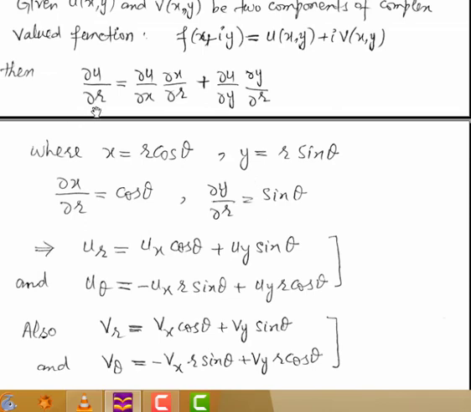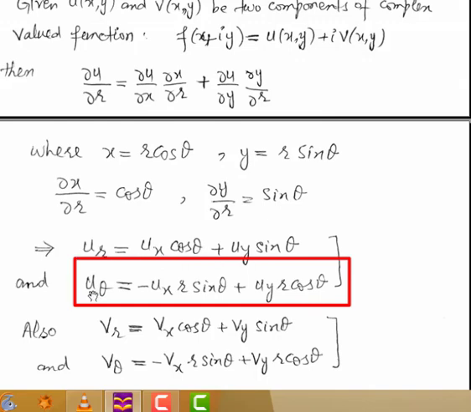Therefore, we can write partial u partial r as ur and partial u partial x as ux. Partial x by partial r is cos theta, plus partial u partial y as uy, partial y by partial r as sin theta.